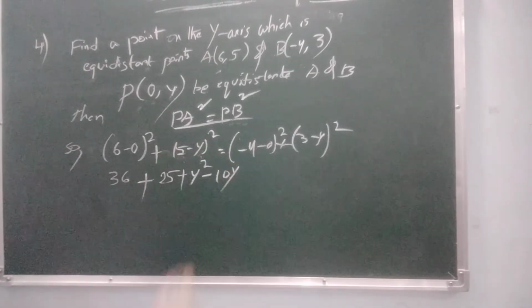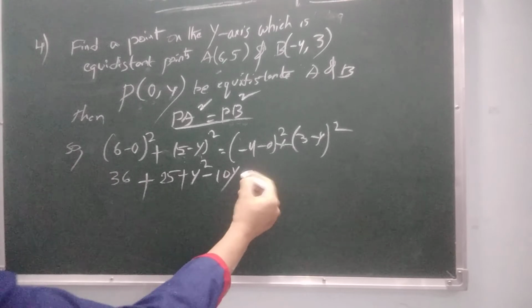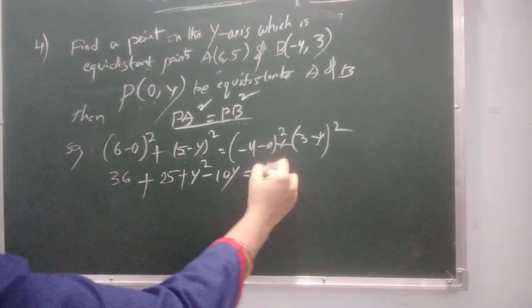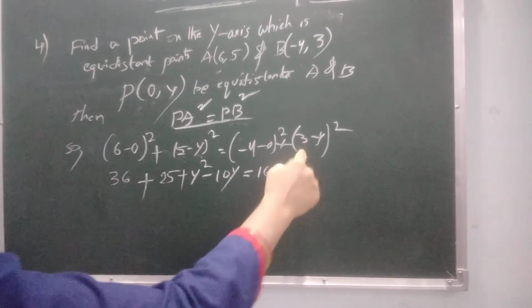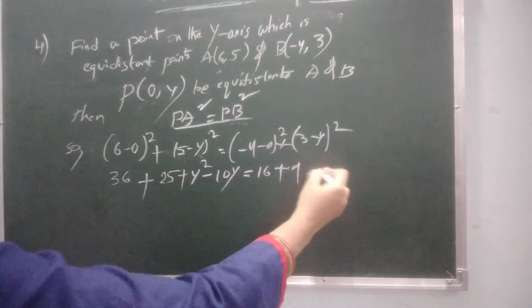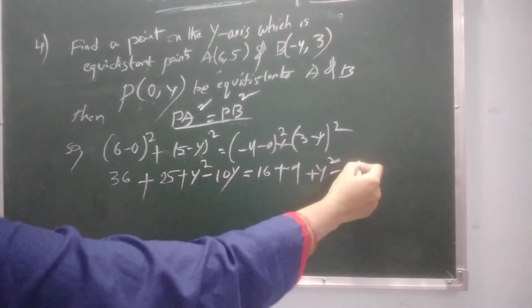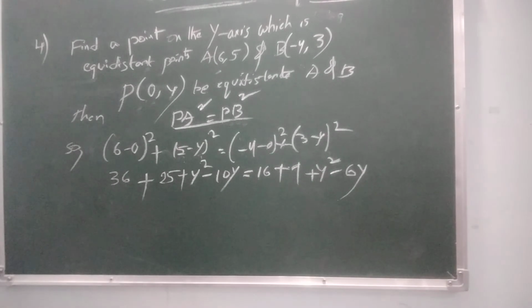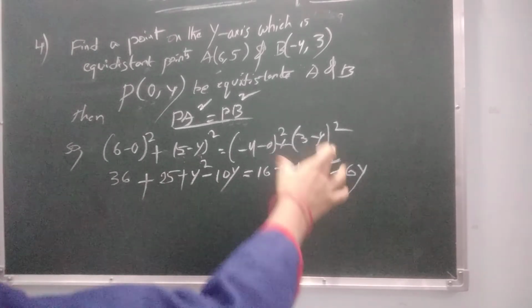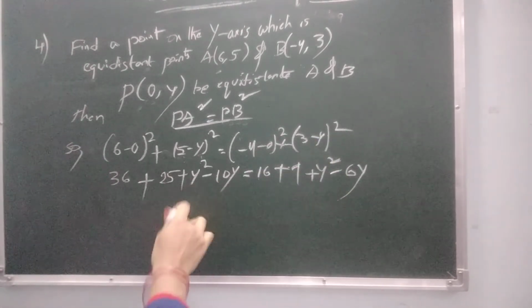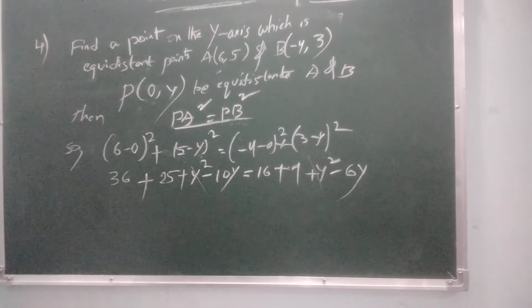Here 16 plus, by the a minus b whole square formula, 9 plus y square minus 6y. That means y square cancelled.